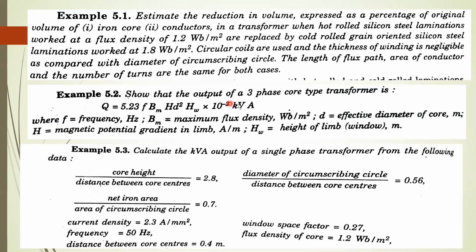Show that the output of a three-phase core type transformer is given as Q equal to 5.23 F Bm H D square Hw into 10 to the power minus 2 kVA, where F is the frequency in hertz, Bm is the maximum flux density in Weber per meter square, D is the effective diameter of core in meter, H is the magnetic potential gradient in limb, ampere per meter, and Hw is the height of limb in meter.